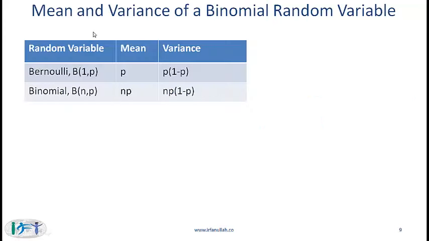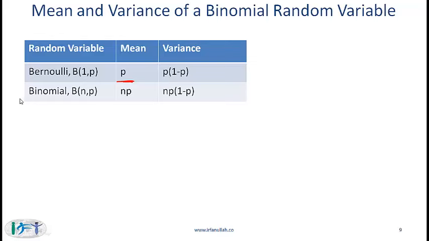What is the mean and variance of a binomial random variable? If you just take a simple Bernoulli, the Bernoulli is expressed as (1, p), 1 because with a Bernoulli you are just doing one coin flip or one experiment. There the mean value is p and the variance is p into 1 minus p.